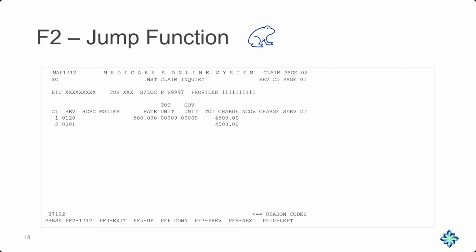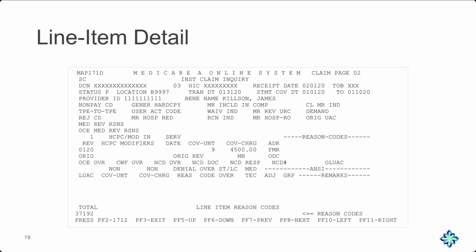Now our example only shows one. It only shows room and board, and it automatically takes you to the first line. But if there were multiple lines of charges on your claim, you could scroll through them on this page by using your F6 key.